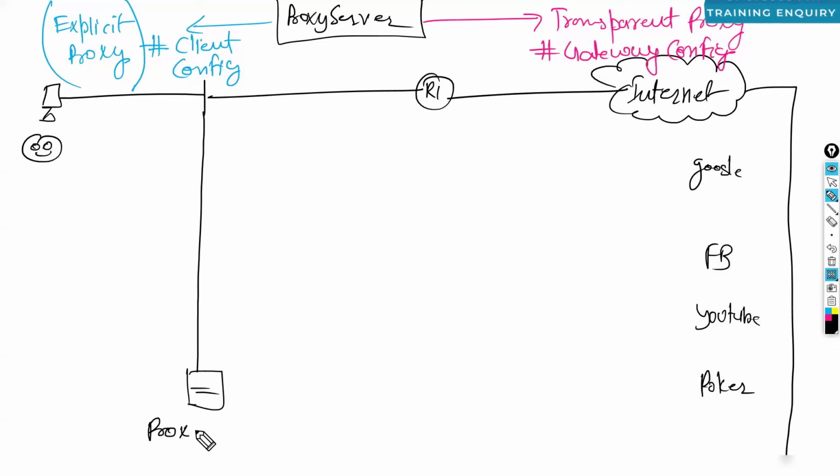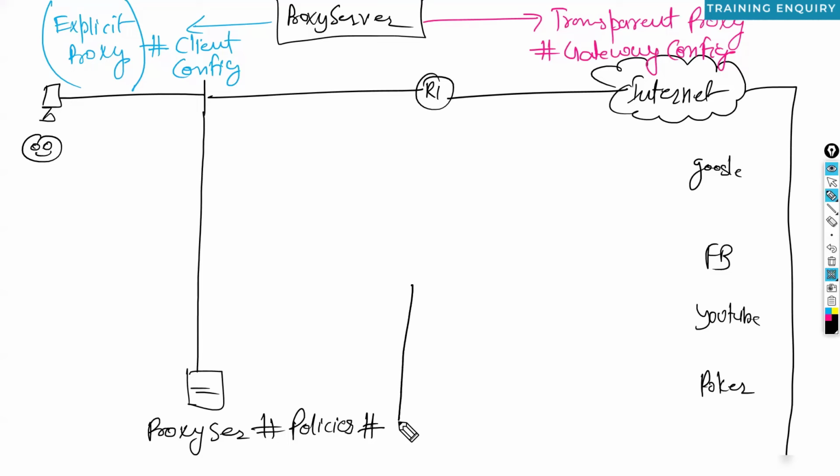We will deploy our proxy server. At this proxy server, we will configure policies. In policies, we will configure it this way: if anyone is going for Google, allow them. If anyone is going for Facebook, allow them.